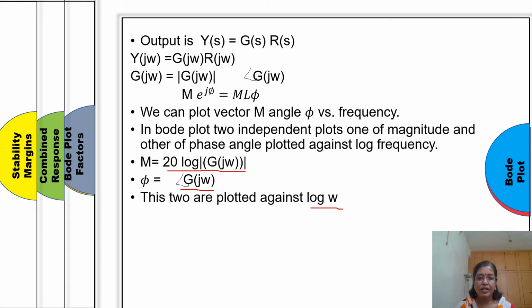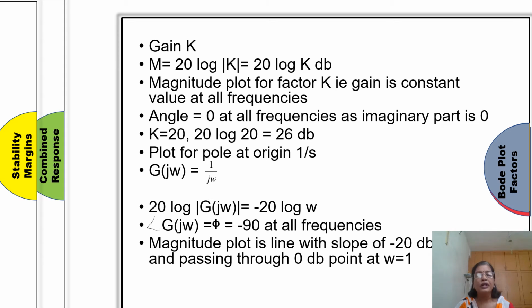different factors. I have just explained that because we are taking the log of G(jω), and G(jω) is the open loop transfer function, it may consist of a gain, an open loop pole at origin, a simple pole, or a simple zero. All these are nothing but multiplication and division terms, and because we are obtaining the log of G(jω), these become addition and subtraction.